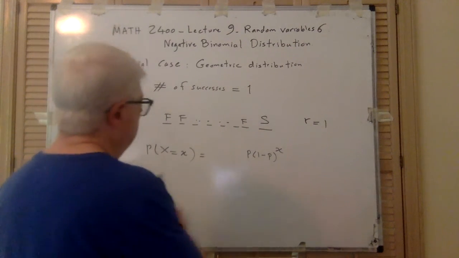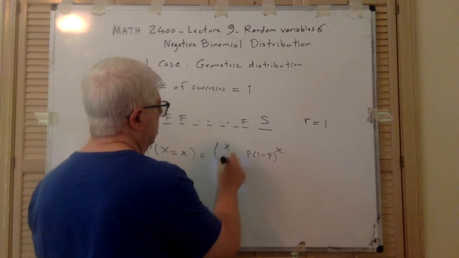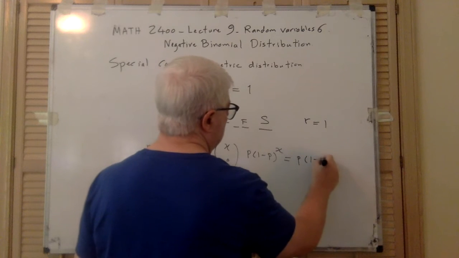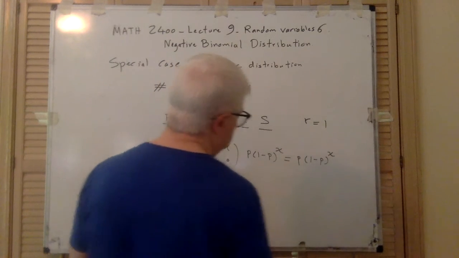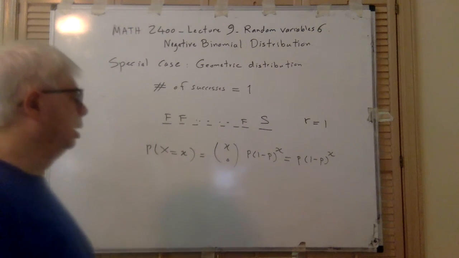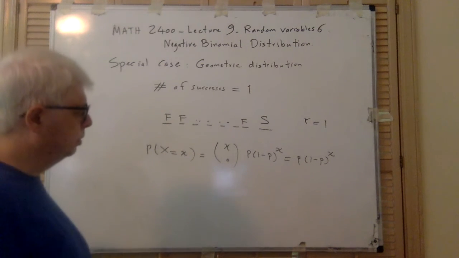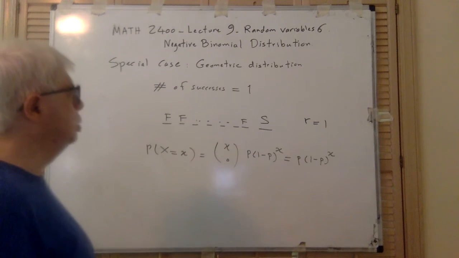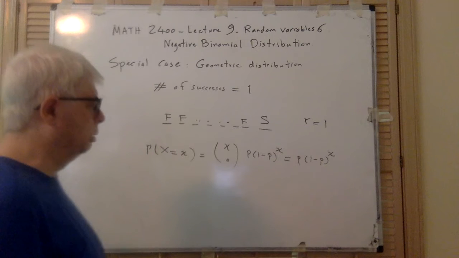But that's okay. If I write x choose 0, I will get 1. So that is a geometric distribution.